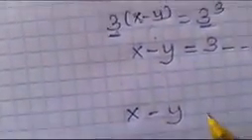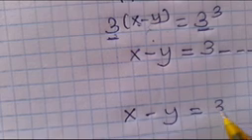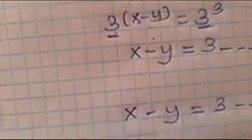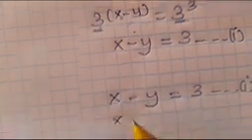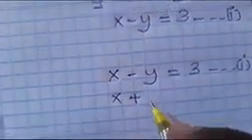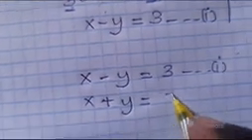Now, let me come on this side. The first equation is x minus y equals 3. The second one is x plus y equals 5.